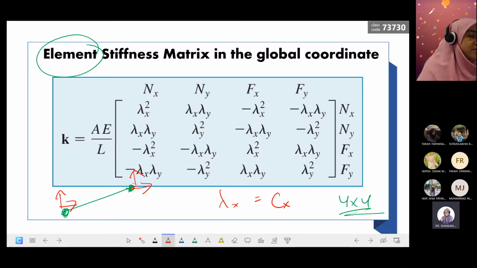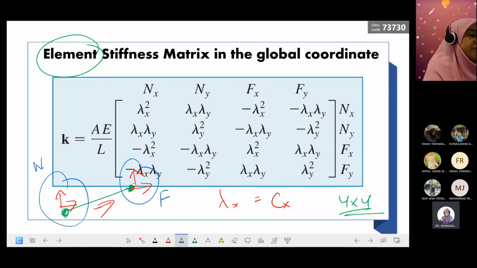And we have the arrow which is parallel with the element. And then 2 DOF. Here, this is the near node, this is the far node.